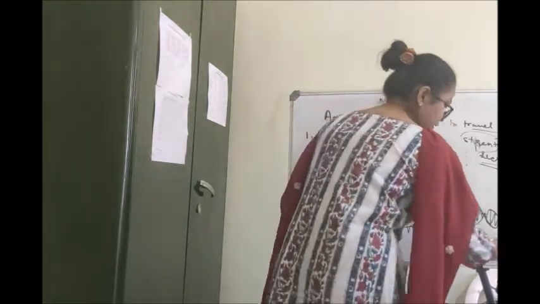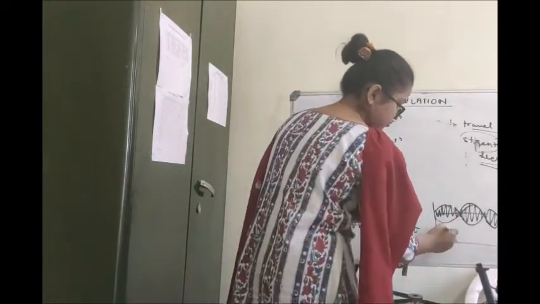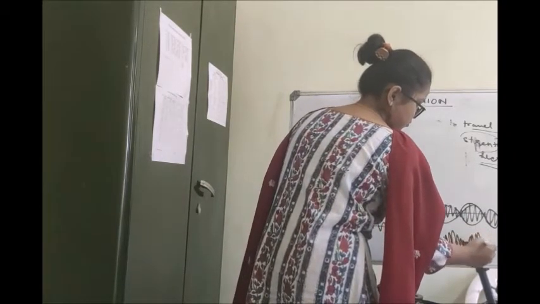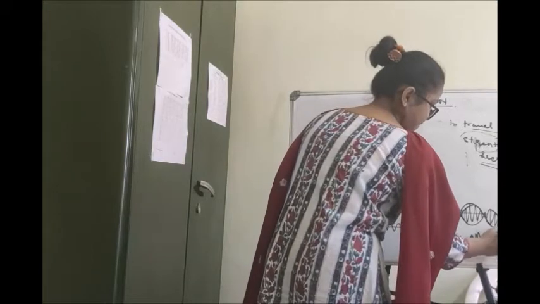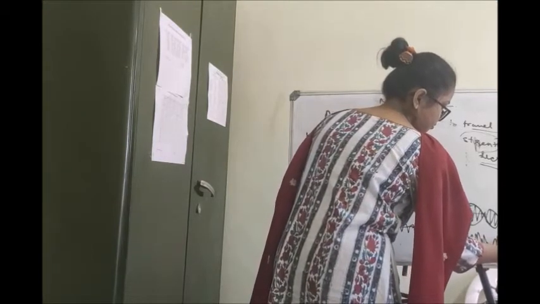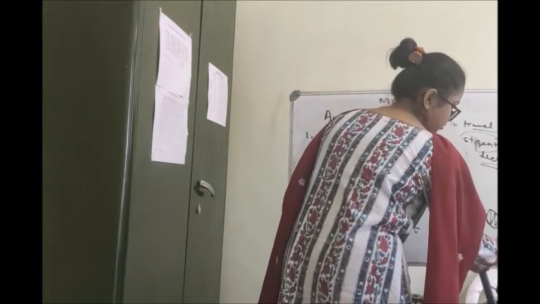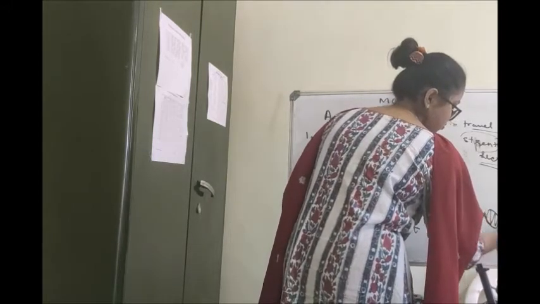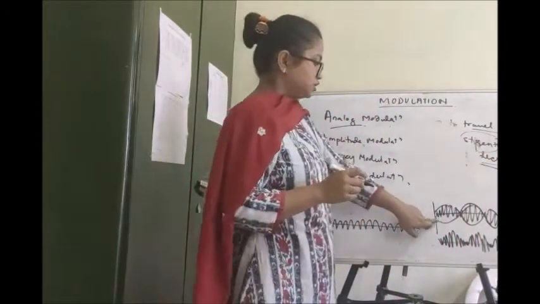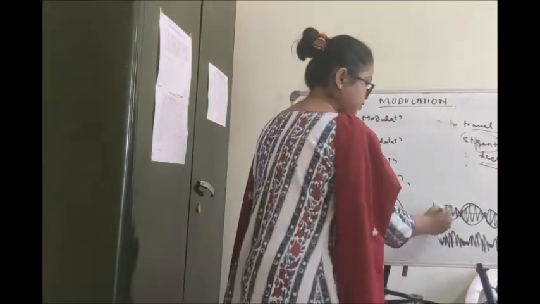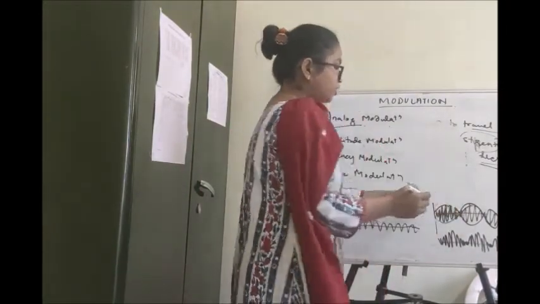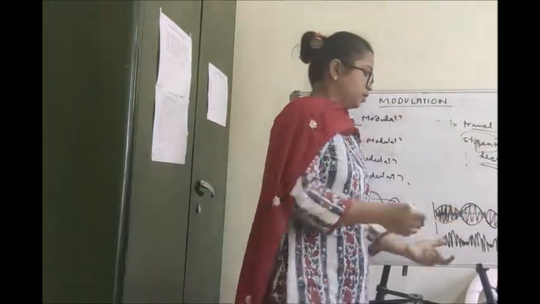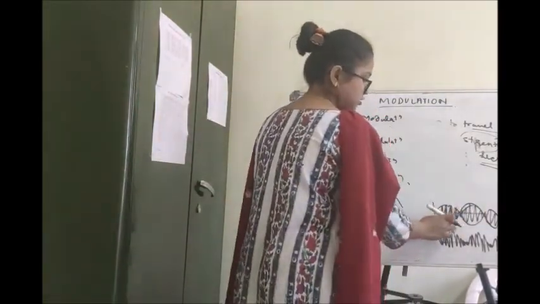If I draw it again, it looks like this. I'm unable to draw it properly, but somewhat like this. This is just the outline. The signal is like this, so according to the carrier, the information signal behaves.